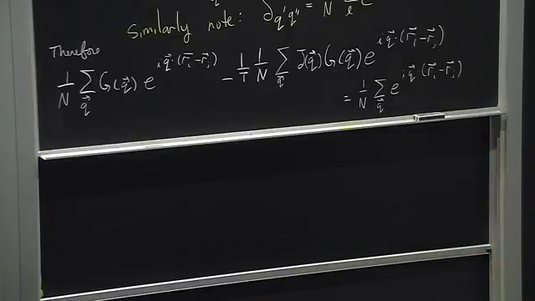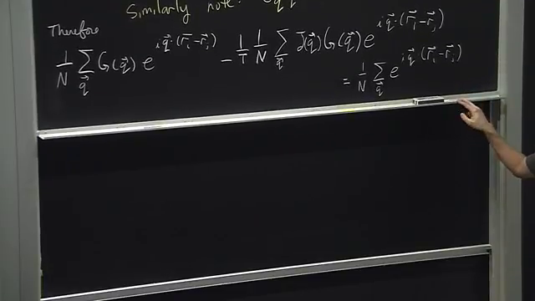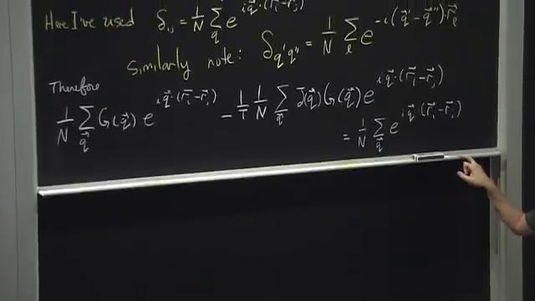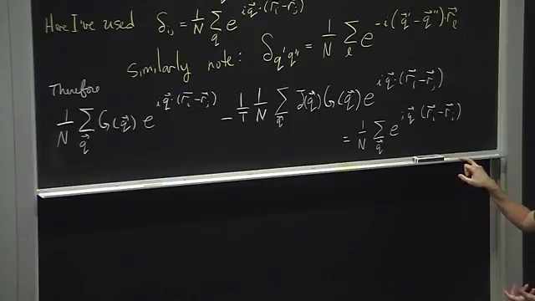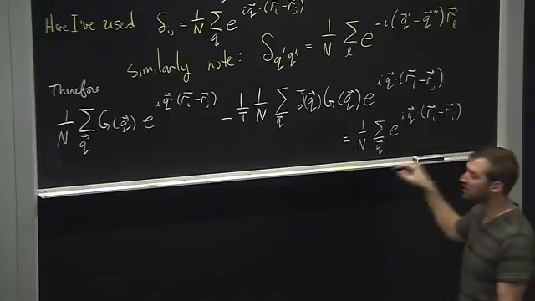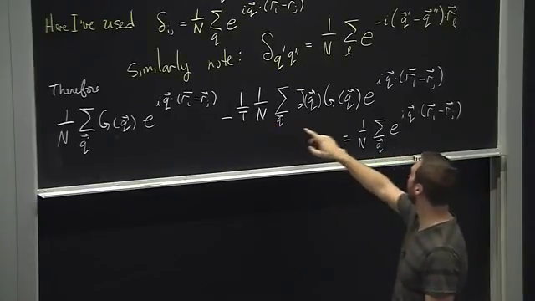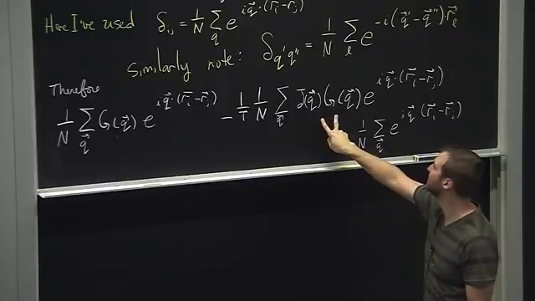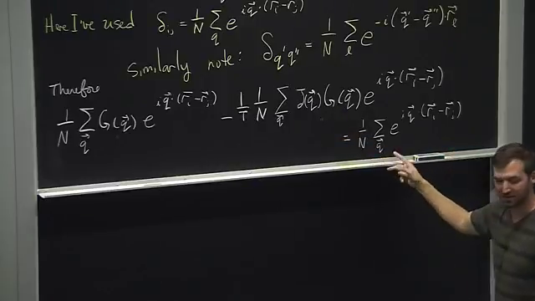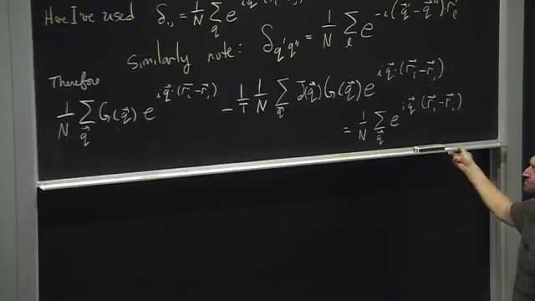Now what do we do? Just equate all the terms inside those sums. Okay, so it means this thing is equal to 1 over t, like this thing is equal to 1.